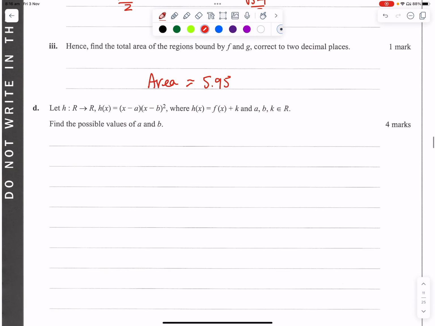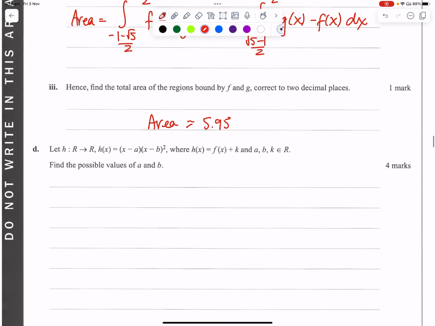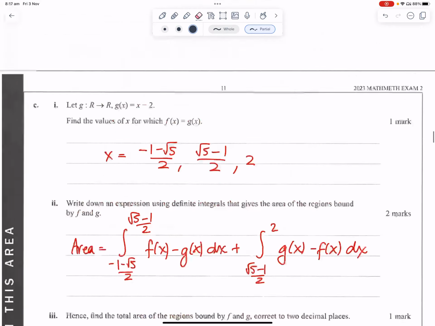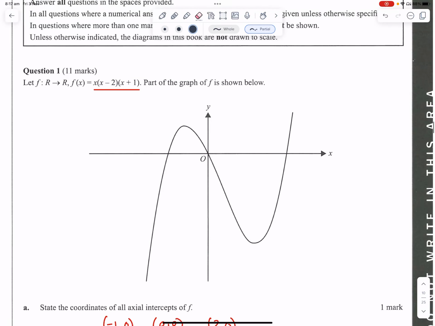This is lagging. Let h of x be that, where h of x is f of x plus k. Find all possible values of a and b. Okay, so here we've got a turning point that's on the axis. And f of x is a translation up or down.